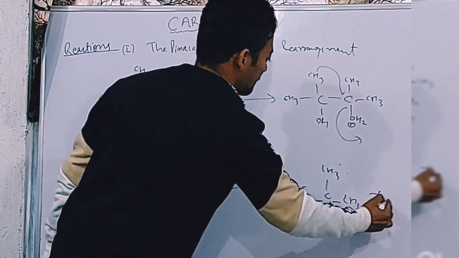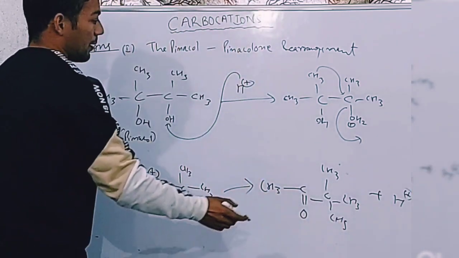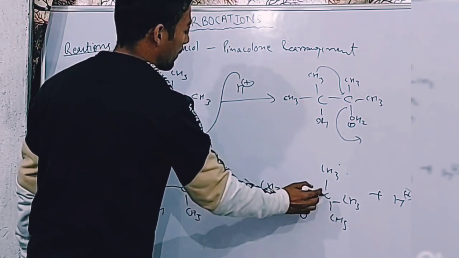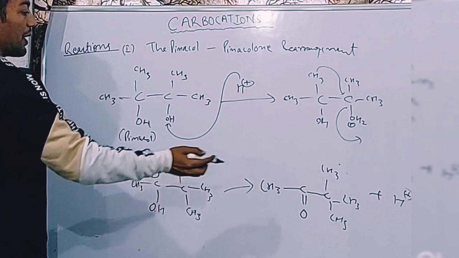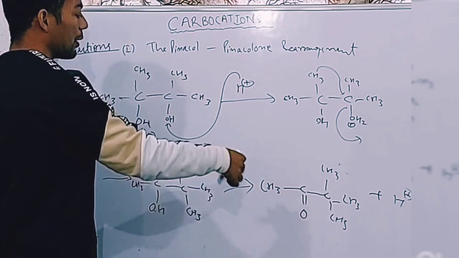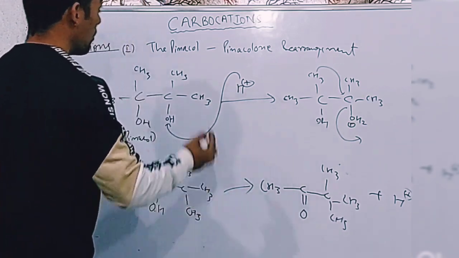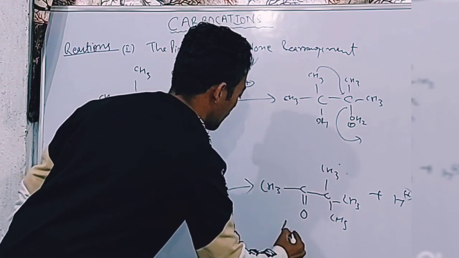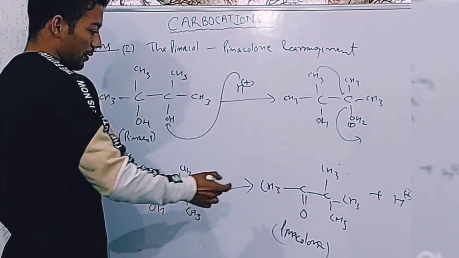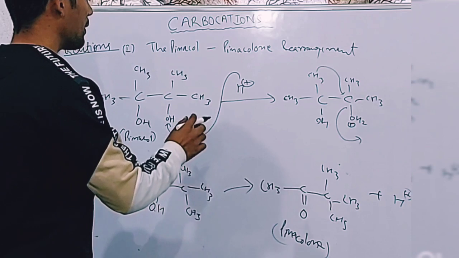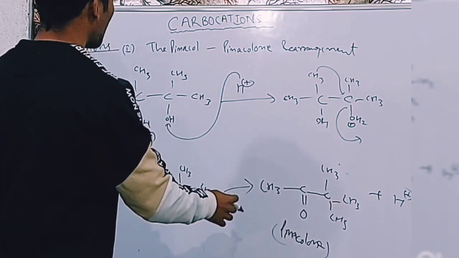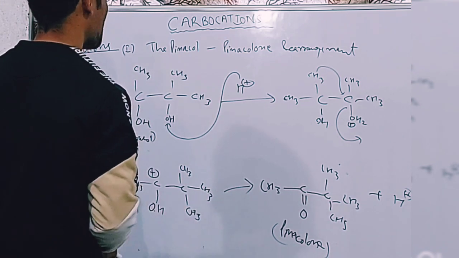As you can see, by losing a proton, here becomes a double bond, and what we get in the product is a carbonyl group. This molecule is named tertiary butyl methyl ketone, which is called Pinacolone in common language.